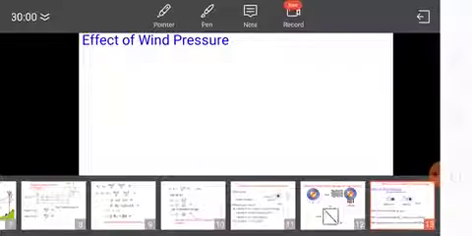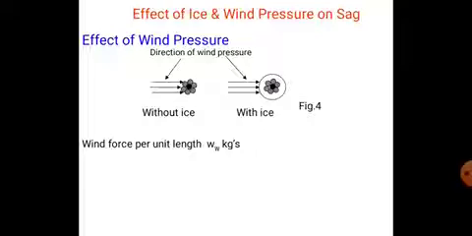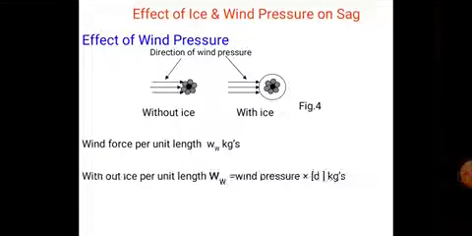Effects of wind pressure, the direction of wind, without ice and with ice. The wind force per unit length is Ww, and without ice, per unit length Ww is equal to wind pressure into d kgs per meter.